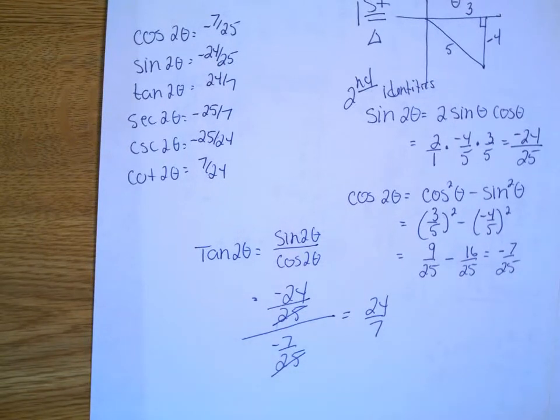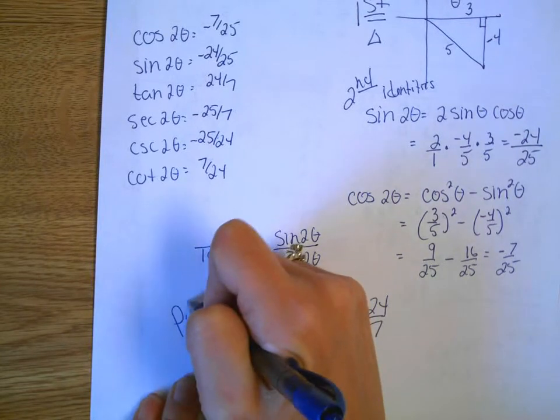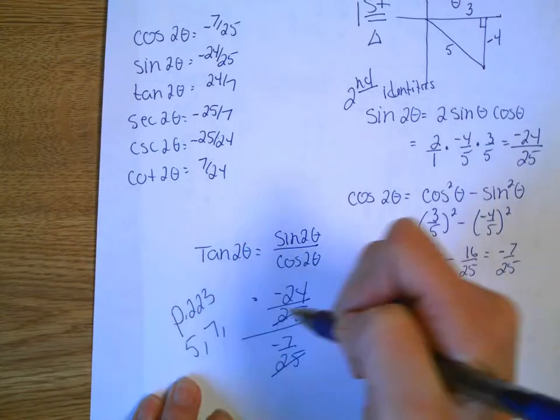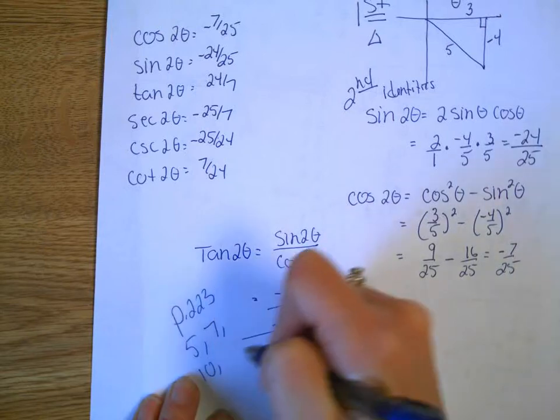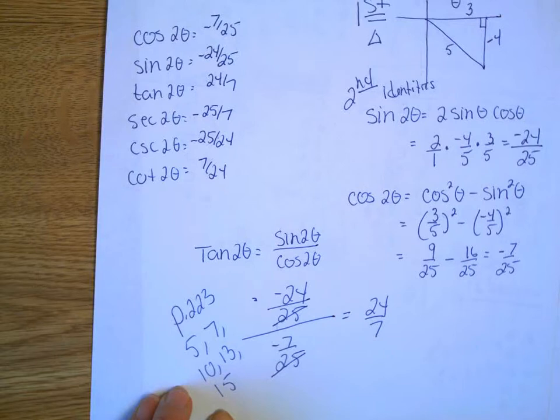We're in Trig, page 223: 5, 7, 10, 13, 15. I want to double check everything or give you a hint on which way to start them.